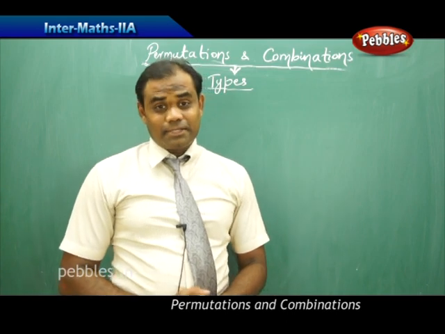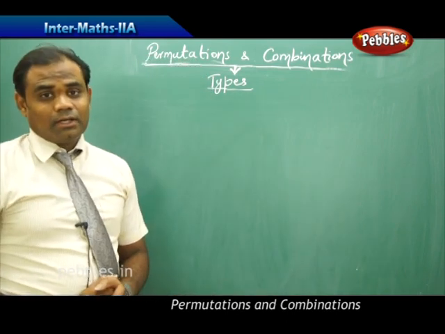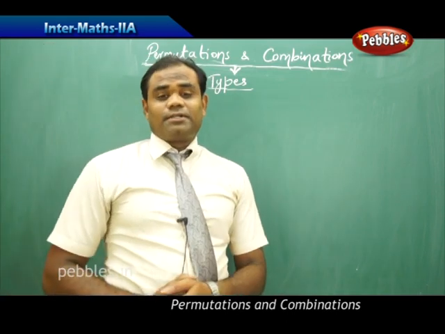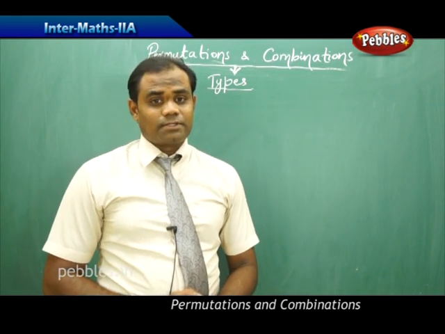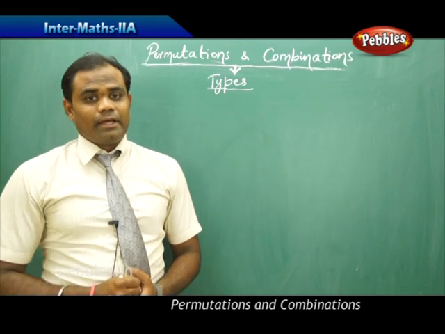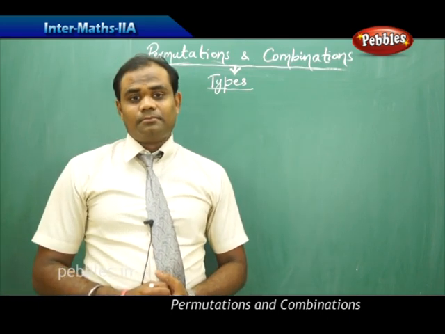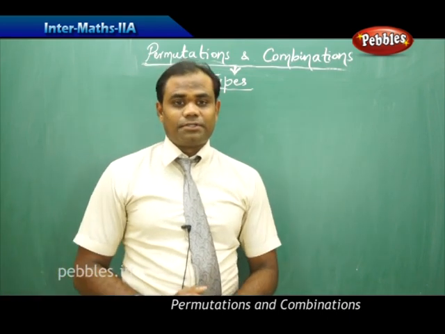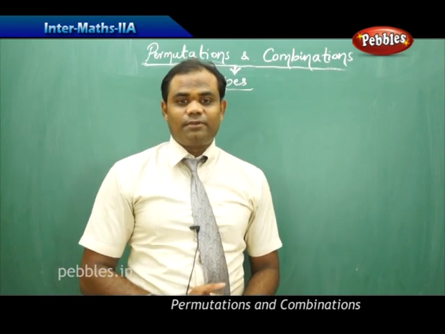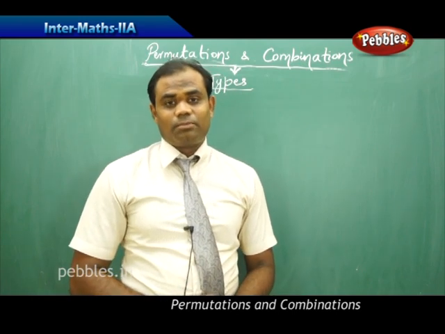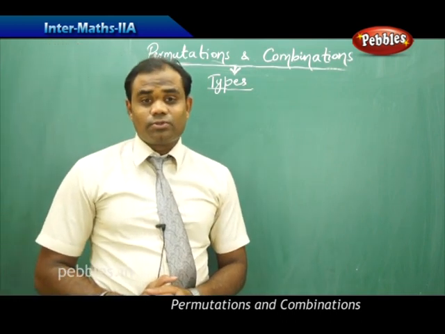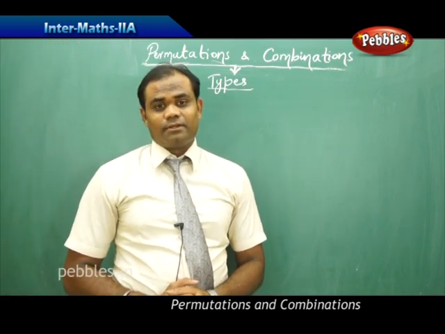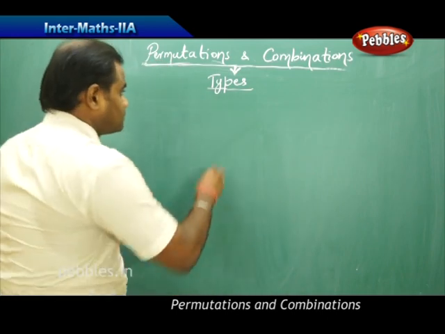Now let's see the types of permutations. We have discussed permutation as a selection and an arrangement, a two-step process where we select the elements and we arrange them, as we discussed in the previous session through a few example problems. There are two types of permutations identified in mathematics.